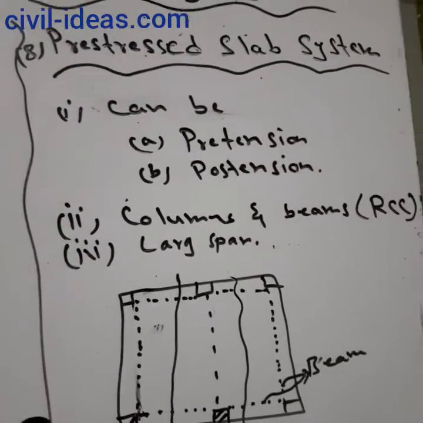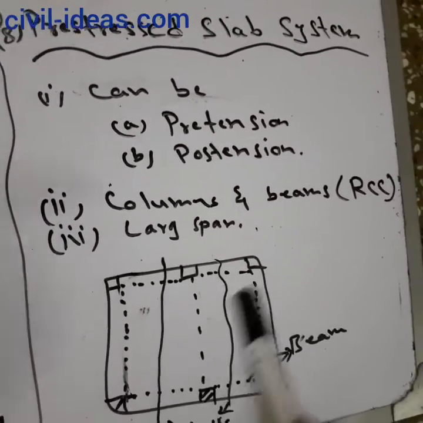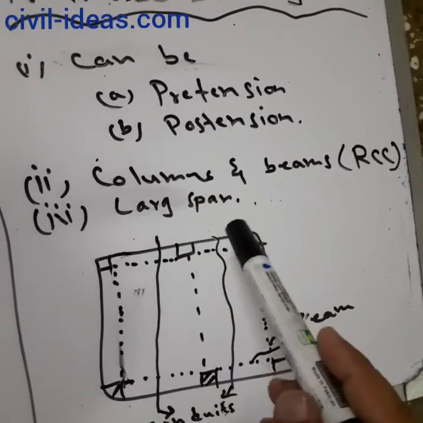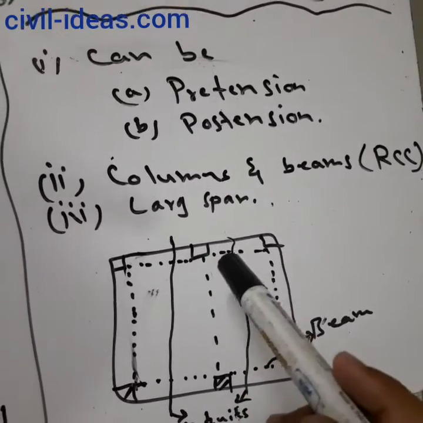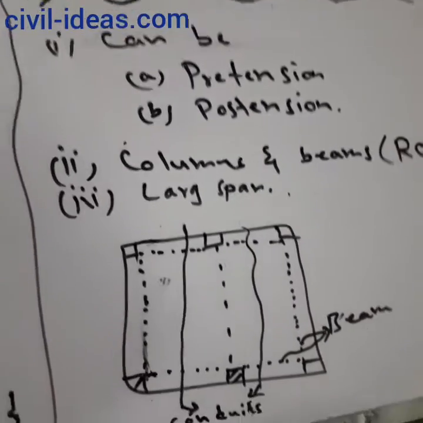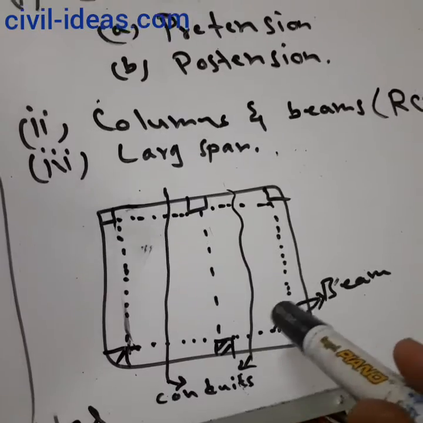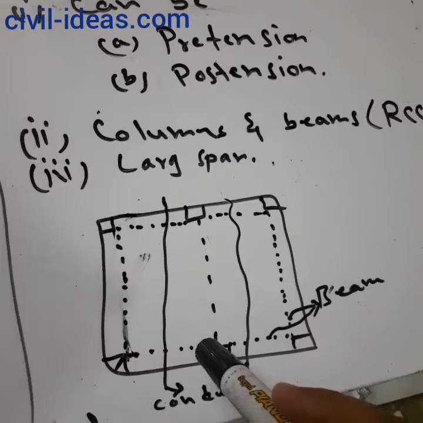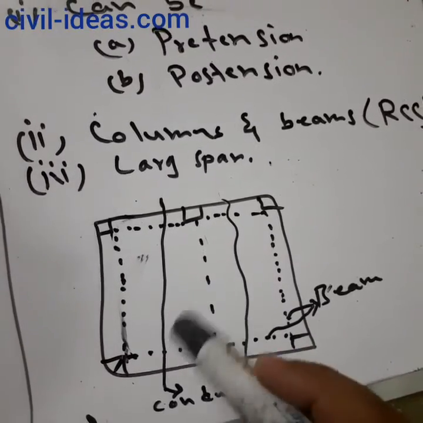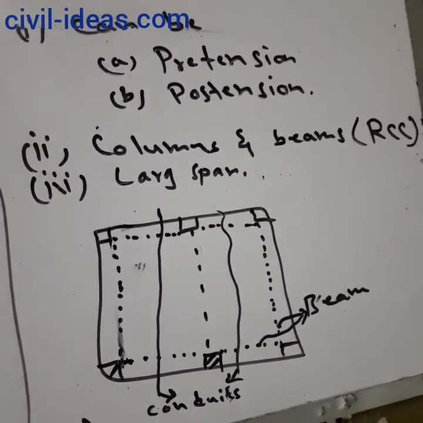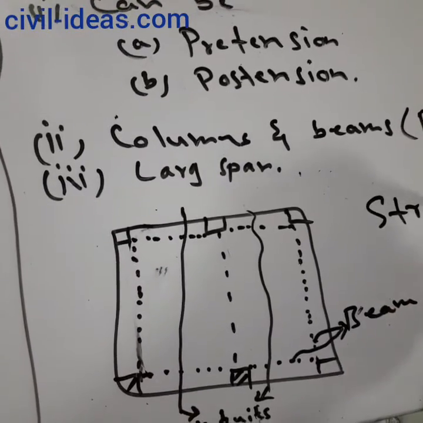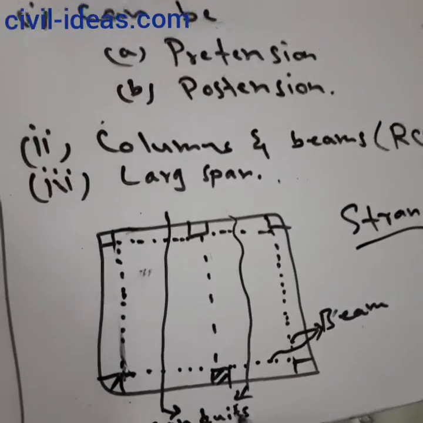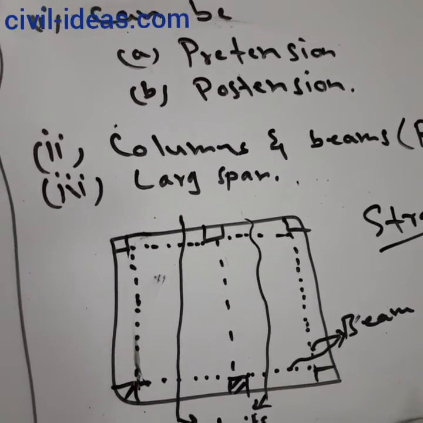And the last one is the pre-stressed slab system. It can be pre-tensioned or post-tensioned. The columns and beams are normal RCC, and it is designed for large spans and heavy loads. In this type of slab system, the slab is normal RCC, and conduits are passed in the slab, and through those conduits strands of high-strength steel are passed and stretched up to a certain level.